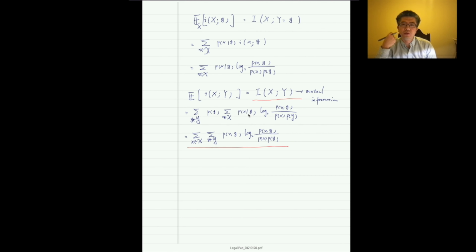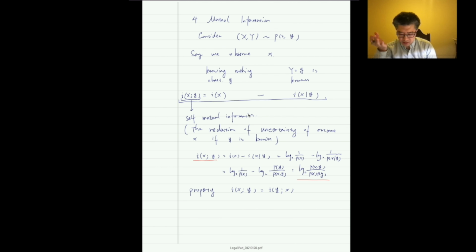But mutual information, as we said before, basically means the reduction of the uncertainty of x given y, right? So it's like if we observe y, then what is the uncertainty left for x?